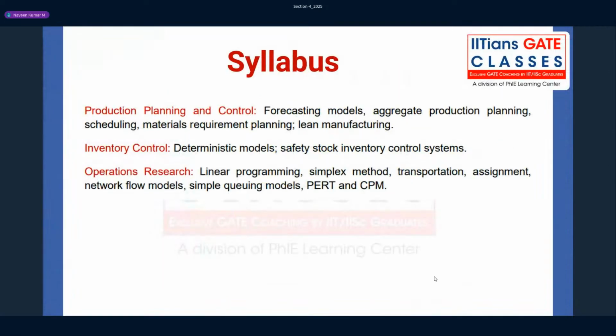And this is the syllabus for industrial engineering. If you are in mechanical engineering, the syllabus of industrial engineering will match with some of the syllabus in MBA program and some in BBA program.